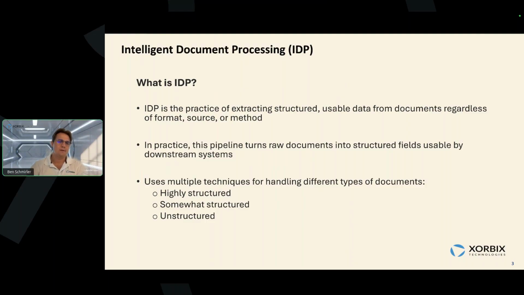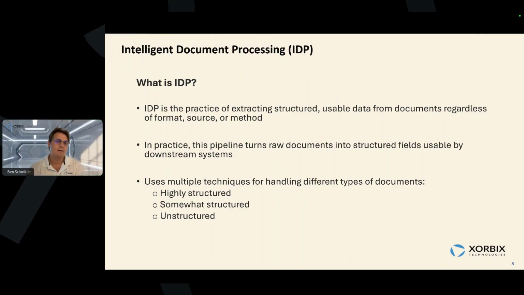So it uses multiple techniques, with multiple steps to handle different types of data. Sometimes we deal with highly structured data. Highly structured data would be relational data, ERP data, healthcare data in a database, a transactional database system.